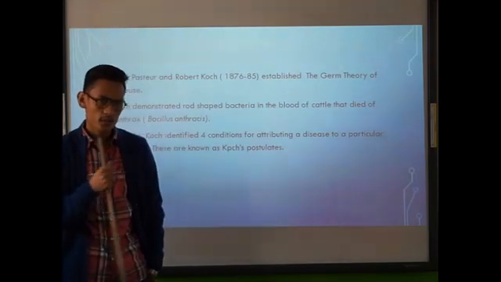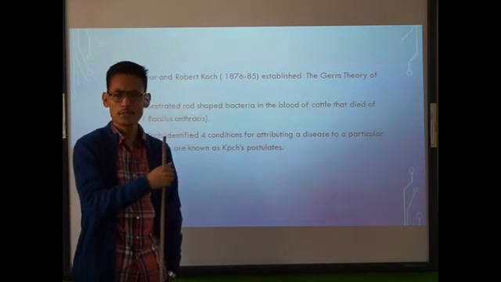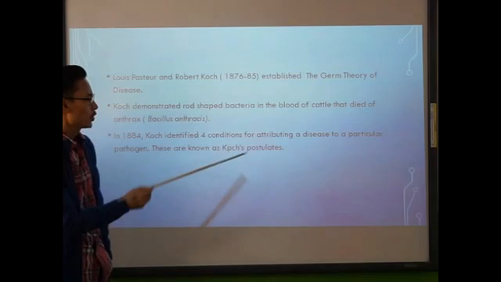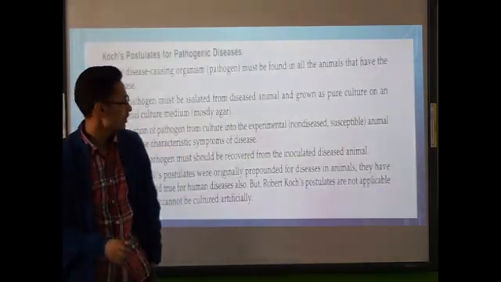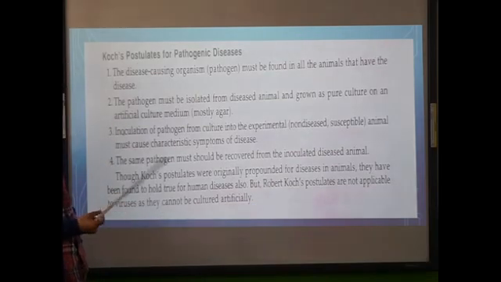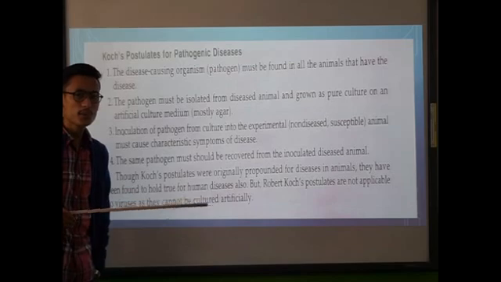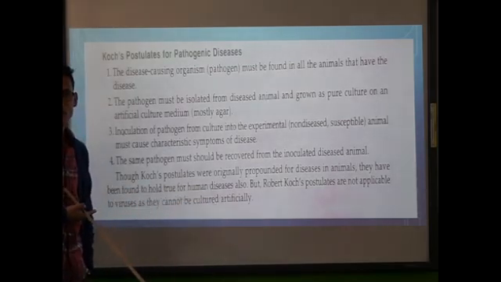Later on, these 4 attributes discovered by Koch became known as Koch's postulates. So now we discuss Koch's postulates for pathogenic diseases. What are the 4 attributes discovered by Koch?